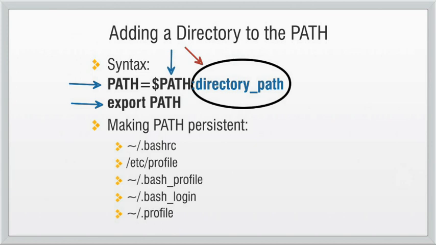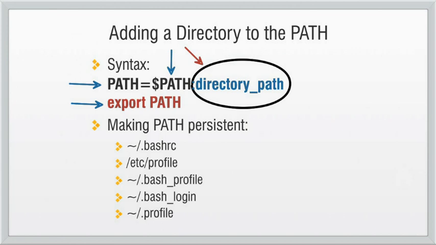In order to make this assignment apply to all shell sessions, I need to export the new path environment variable. To do this, you just enter export PATH at the shell prompt. And after I do this, then the new value that I assigned to the path environment variable will be made available to all other shell sessions, including any subshells that are created by the current shell.